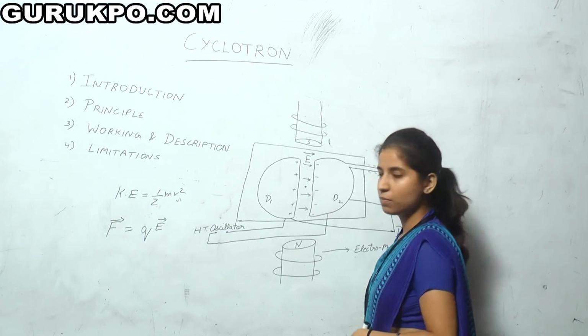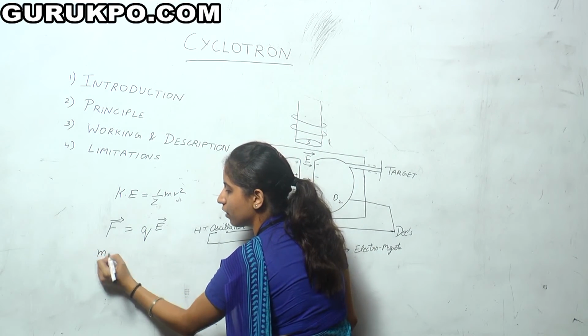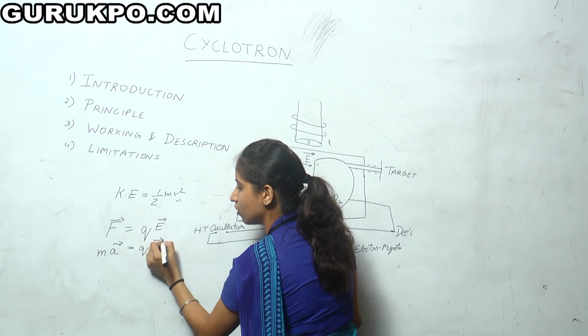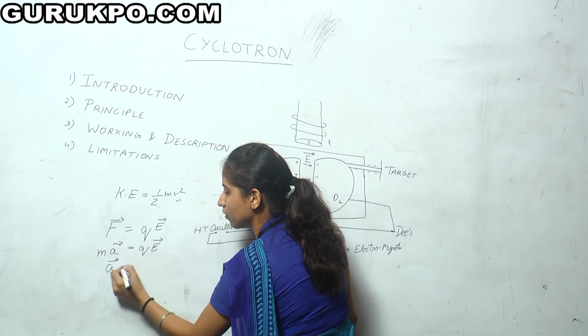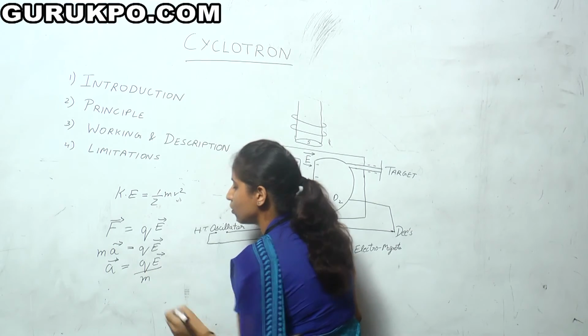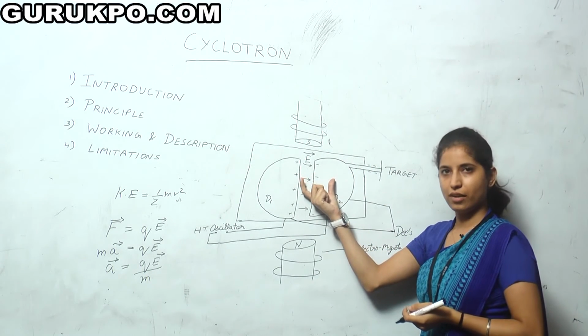The source is a charged particle, and force can also be written as ma. So we have acceleration QE by m. If we have an electric field in this region, the particle will accelerate in this region.